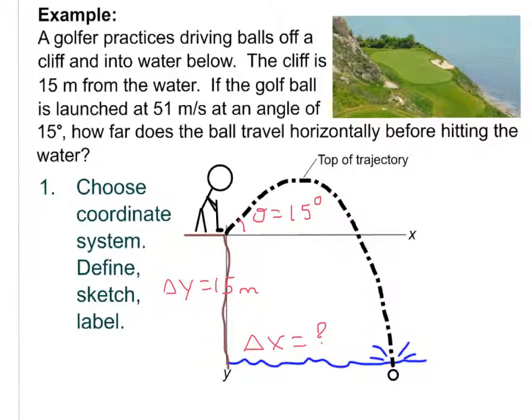And we also know one other piece of information. We know that the initial velocity is 51 meters per second. So those are my different variables, the things I know and the things I do not know. I also know, obviously, g is 9.81 meters per second squared.